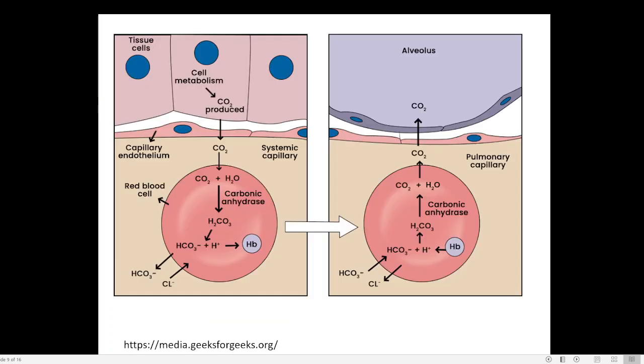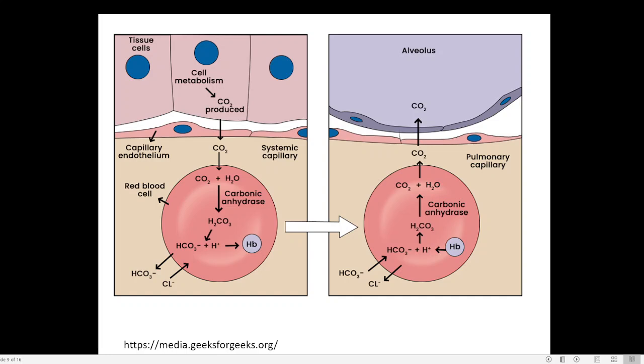Here you can see that this carbon dioxide is combining with the water. The carbon dioxide is entering into the RBC. Inside the RBC, carbon dioxide is combining with the water, in the presence of an enzyme known as carbonic anhydrase.